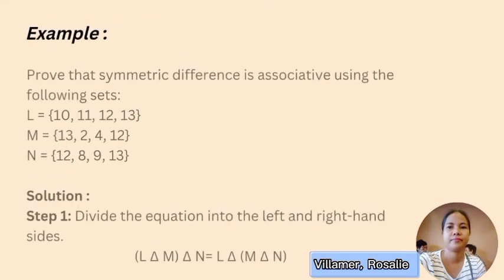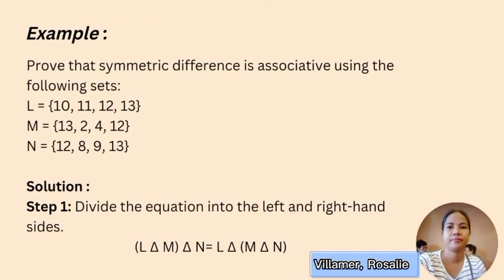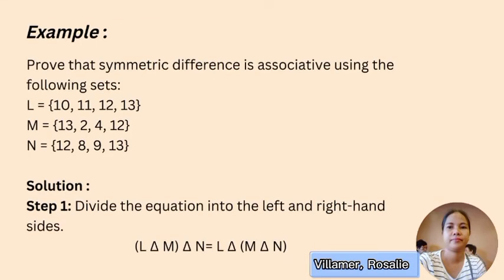This is the example that proves that symmetric difference is associative using the following sets. L is equal to the collection of elements 10, 11, 12, and 13, while M is equal to the collection of elements 13, 2, 4, and 12. N is equal to the collection of elements 12, 8, 9, and 13.